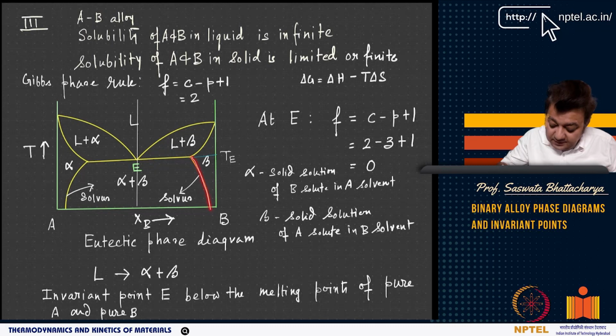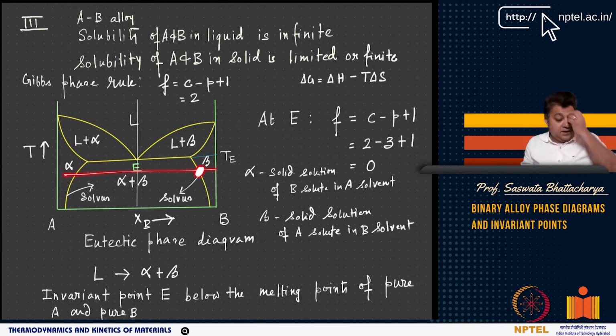This represents the maximum solubility of A as a function of temperature. For example, if I draw a horizontal temperature line like this, it marks a point here. This is the maximum solubility of A at this given temperature in beta, the B-rich solid solution.